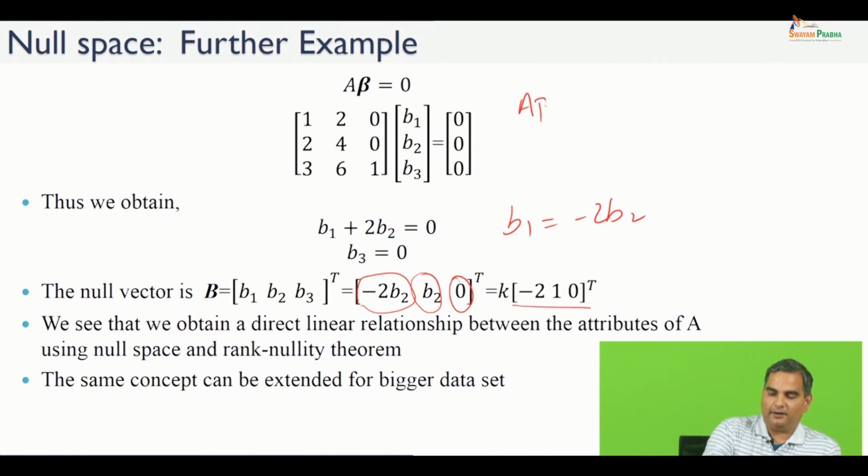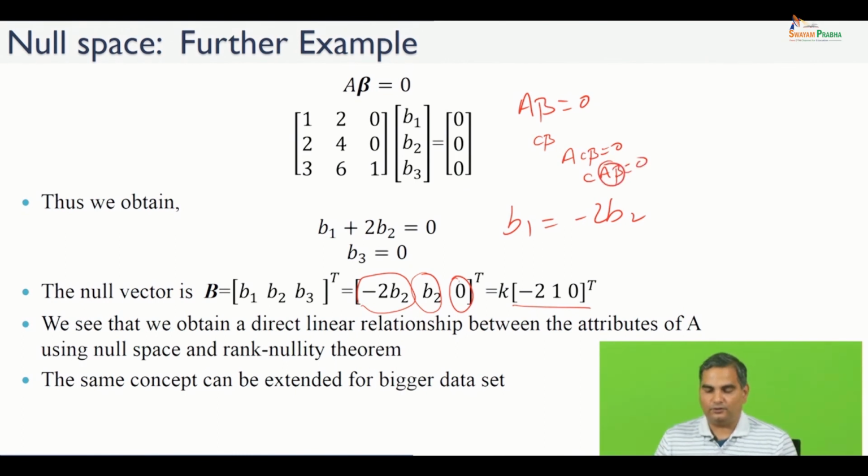If A times beta equals 0, where beta is a vector, A is a matrix, let us assume I take some other vector from beta, which is some C beta, where C is a constant. Then if I plug it back in, I will get A times C beta equals 0, which, because this is a scalar, I can take it out, C A beta equals 0. Since this is 0, C times 0 will be 0. So, this will be also 0 vector.